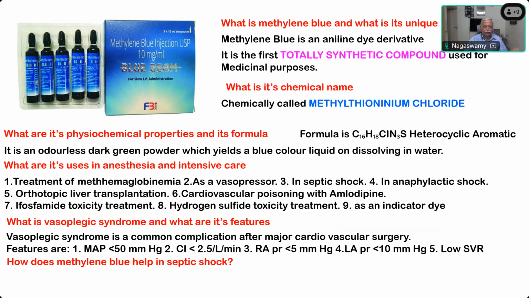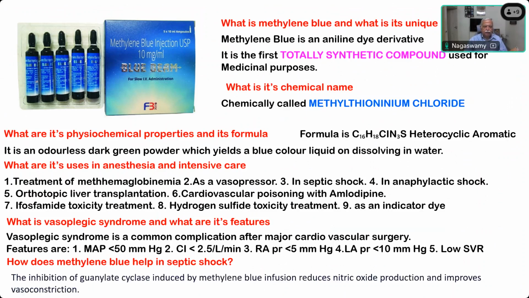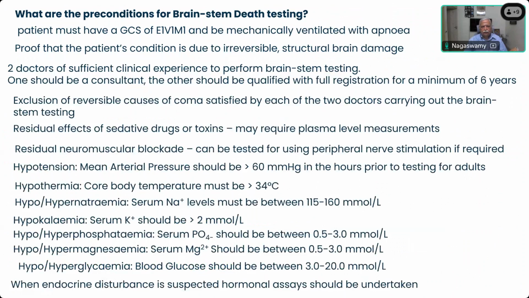Why? Because inhibition of guanylate cyclase by methylene blue infusion reduces nitric oxide production. Nitric oxide is a vasodilator, so if you block its production, it improves vasoconstriction and helps raise the blood pressure.